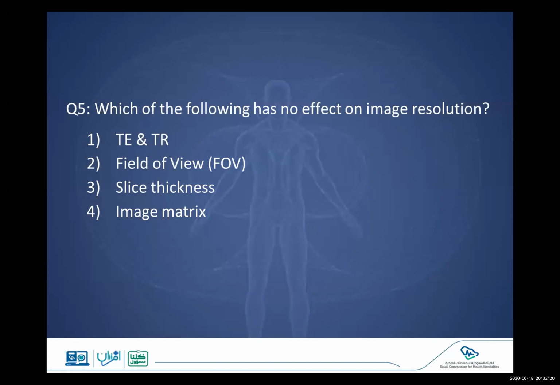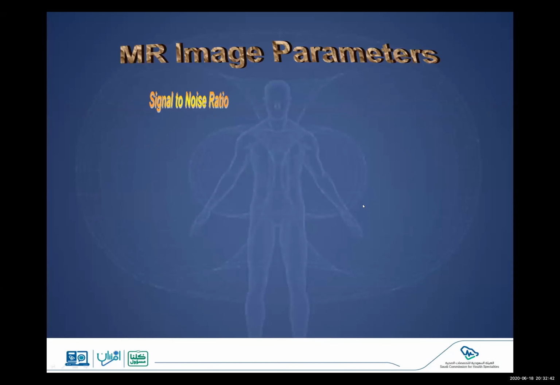Amplitude represents the contrast, which has a relation to TE and TR. But phase and frequency we usually use to produce the field of view, slice thickness, and image matrix. So all of these affect image resolution except TE and TR, because they only affect image contrast.